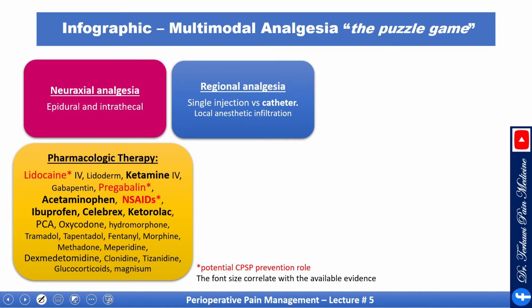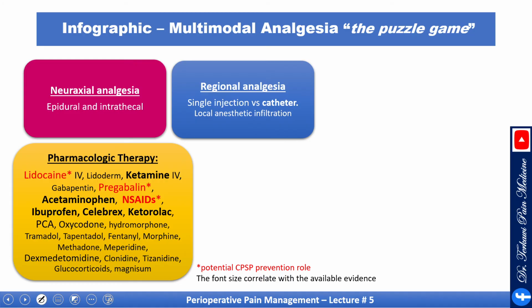The ones in red are medications that showed a potential to prevent chronic post-surgical pain. You may add to that ketamine, however, there is still not much evidence to support it, but it's potentially helpful. So think about the medications bolded, bigger size, red color, that you really want to use in most of your patients.